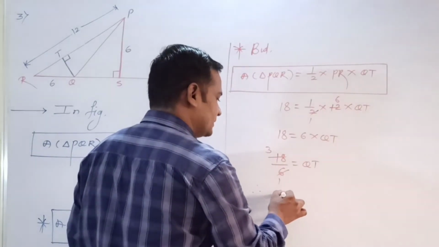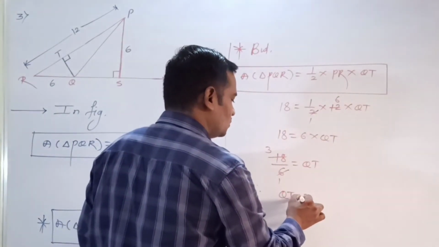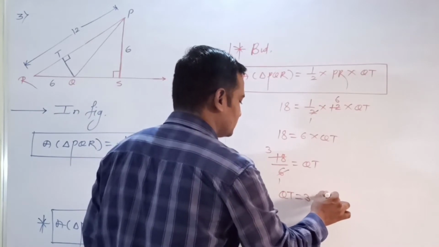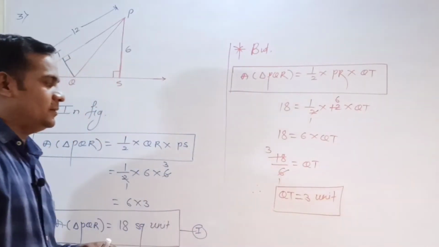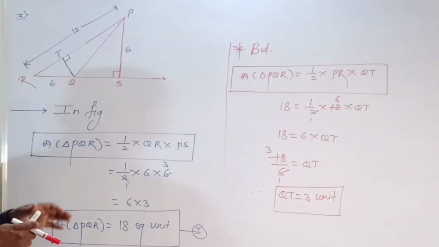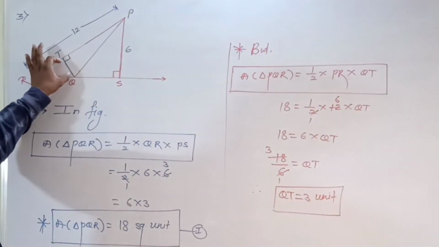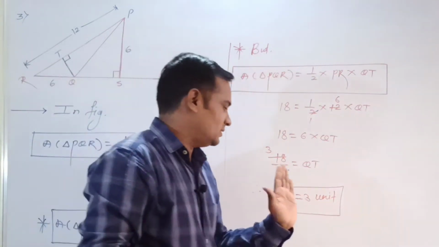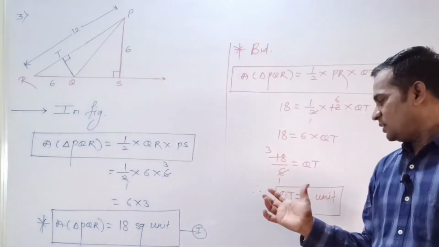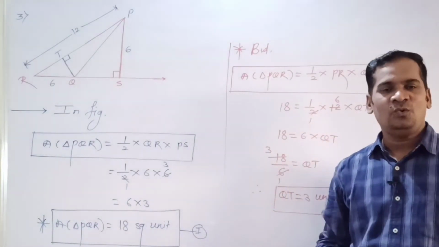So length of that segment QT is equal to 3 units. Okay, in this way we can easily find out the length of the segment or the another height of the triangle PQR.